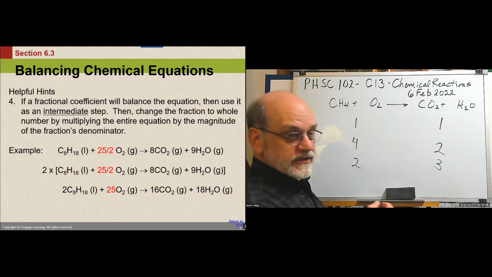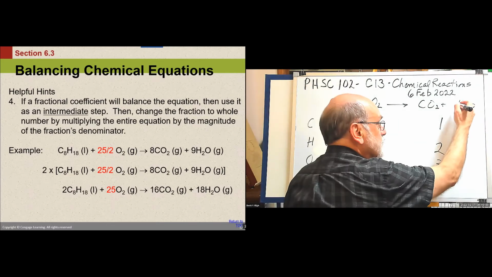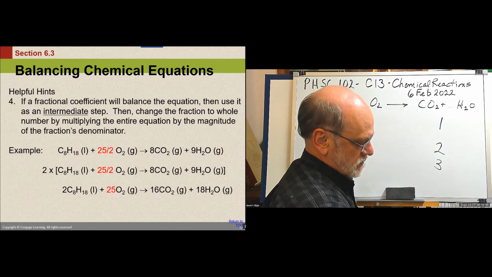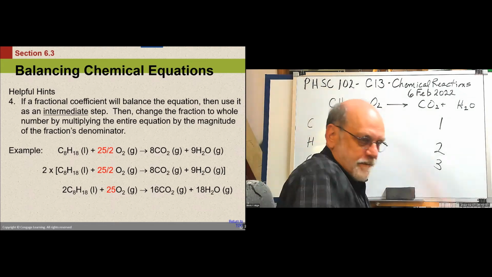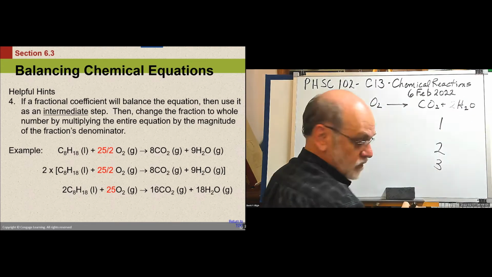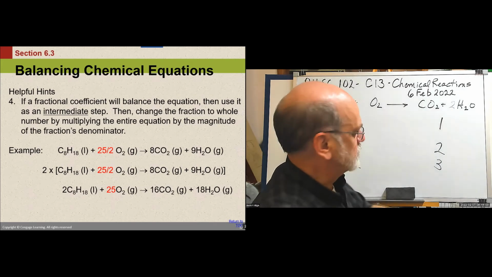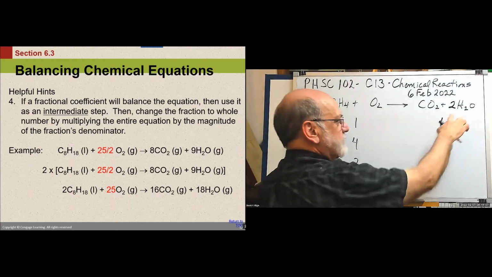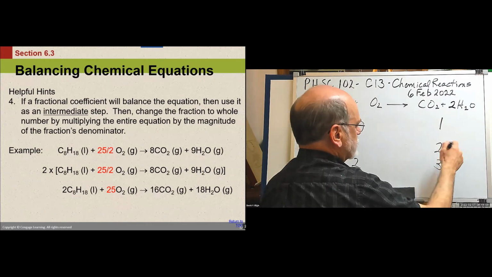Okay, so let's try that. If we put a 2 here, my marker works. No, it's not going to work. If we put a 2 here, that means we have 4 hydrogens.